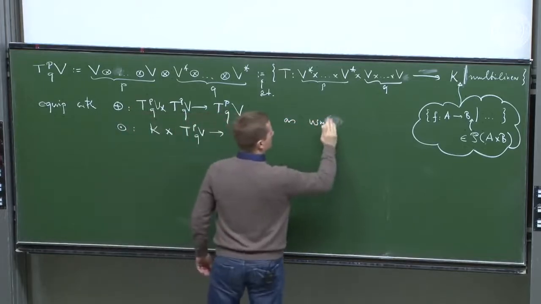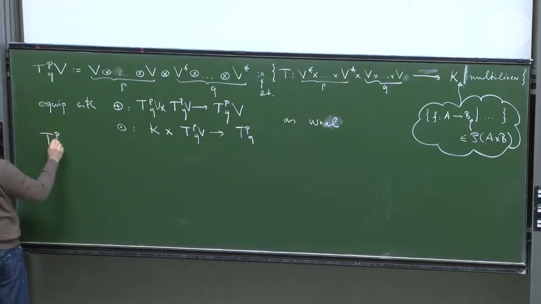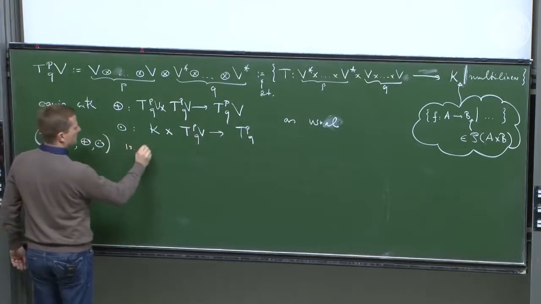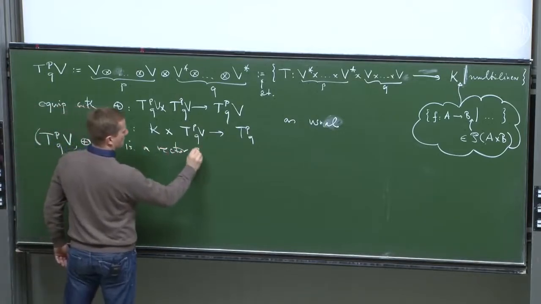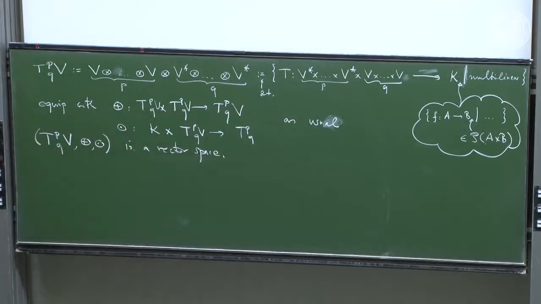So hence this space T^P_Q over some given vector space V, equipped with these two operations, is a vector space. In order to check this, of course, you have to check whether it satisfies the 8 axioms: commutative, associative, neutral, inverse, another associative law, 2 distributive laws, and the unitary law. So the tensor space is a vector space.